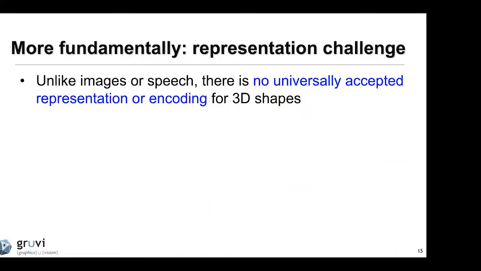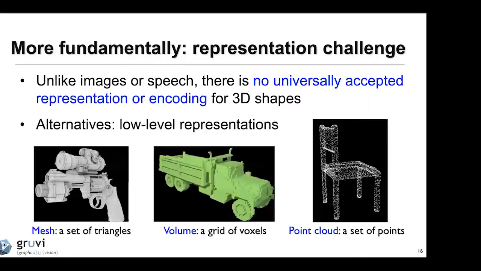Going back to my third challenge, which I think is the most fundamental, I call it the representation challenge. Unlike images or speech, for 3D shapes there's really not a universally accepted representation. You can't say that this is the representation for 3D shapes. We don't really have that. On the low-level end, some people like meshes, if you're in graphics, and volumes.